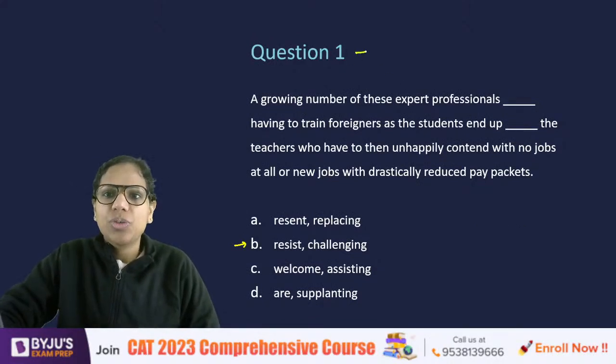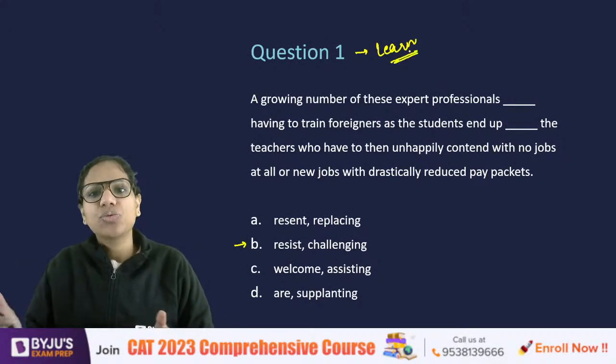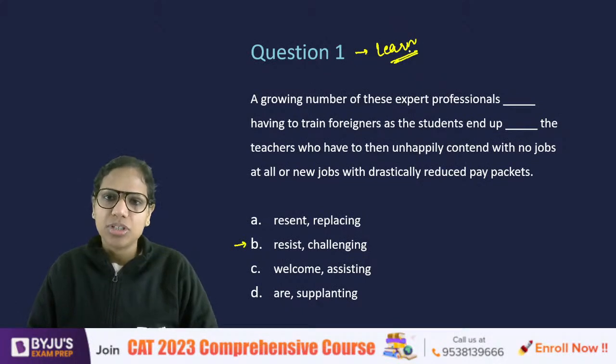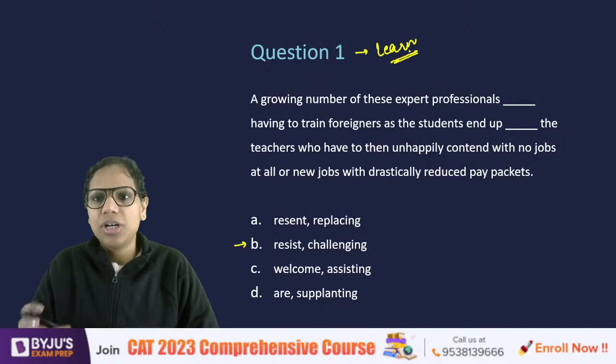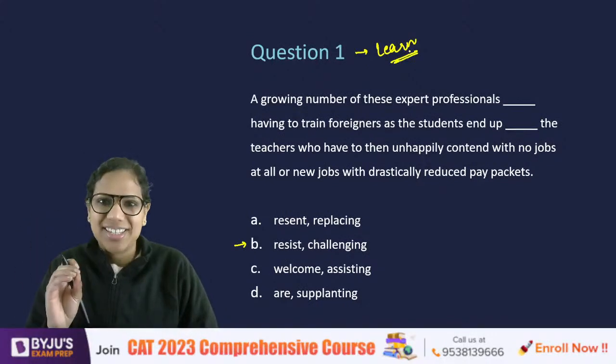Now let's see whether this is the correct answer or not. And through this question, we are going to learn how to look at various contextual vocabulary questions, how to infer the meaning of words, how to infer what the author is trying to convey to us from the surrounding words.